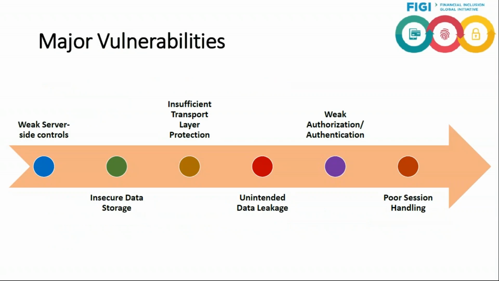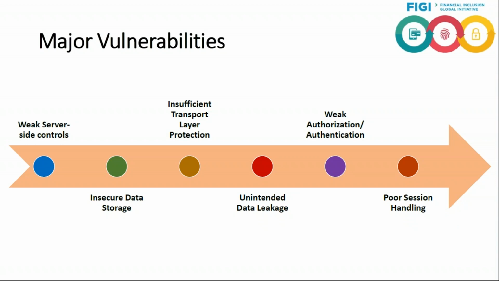So as Kevin said, we didn't need to reinvent the wheel for developing this framework. A lot of groundwork has already been done by standard setting bodies, like the Open Web Application Security Project, which publishes major app vulnerabilities annually.